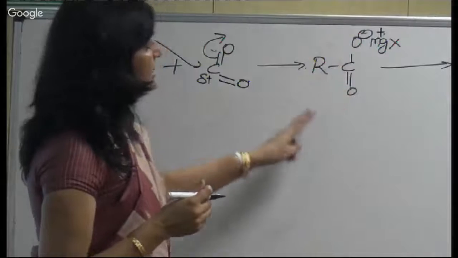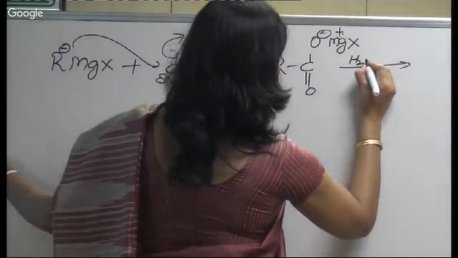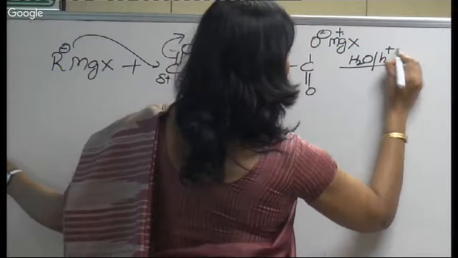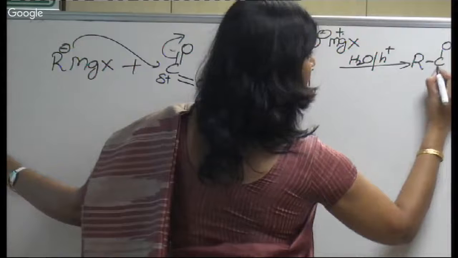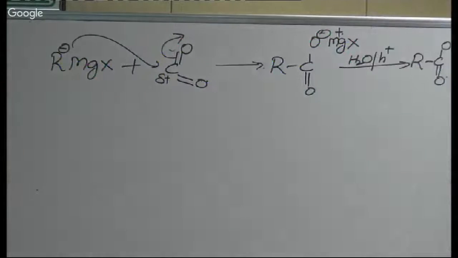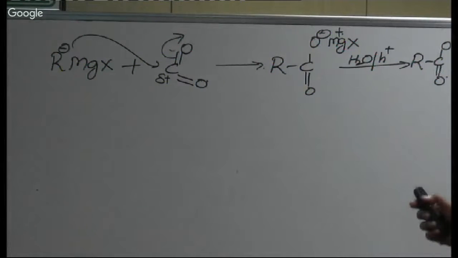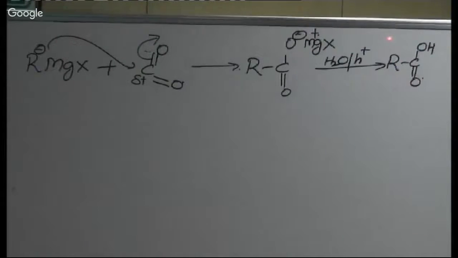This carboxylate salt on hydrolysis will give you carboxylic acid. So what you see here is that this reaction can be used to convert Grignard reagent to carboxylic acids.